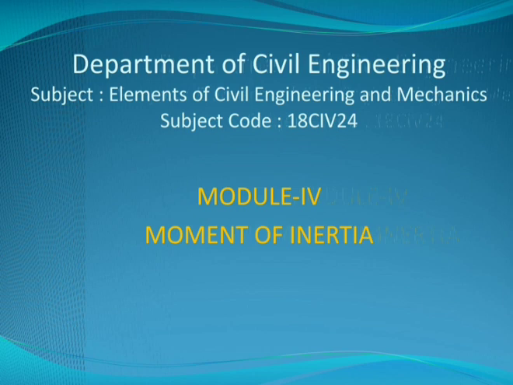And as the figure was symmetrical about the vertical axis, we could directly get the value of I bar y, the moment of inertia about the y centroidal axis, as the summation of Igy.